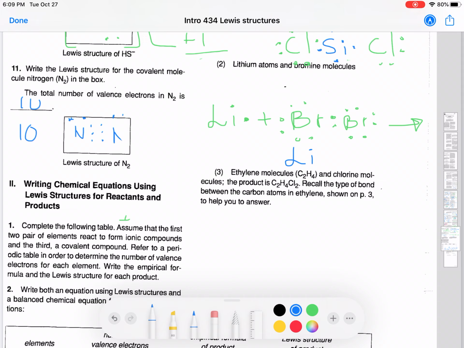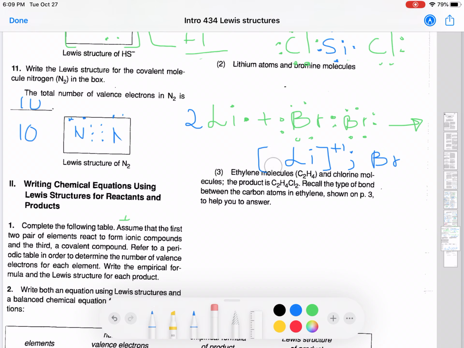since there are 2 bromide ions in a bromine molecule, we can use 2 lithium ions, 2 lithium plus 1s, and then bromide.